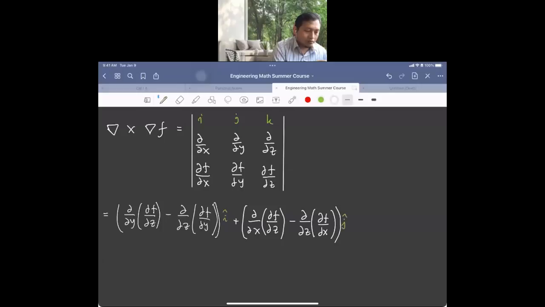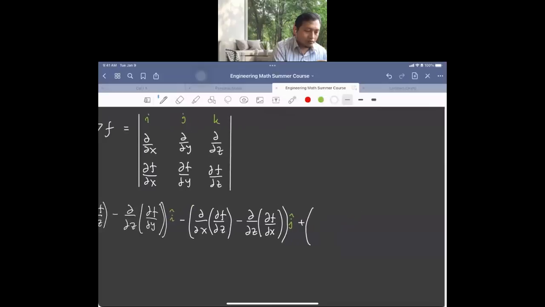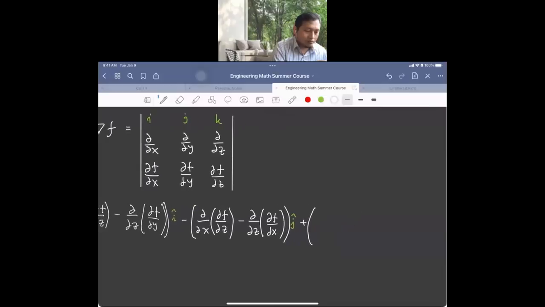So for j, this should be minus, sorry, it should be minus because of the covectors. And then for k it is dou y, dou F... oh, sorry, it should be dou x, dou F, dou y, and then minus dou y, dou F, dou x.